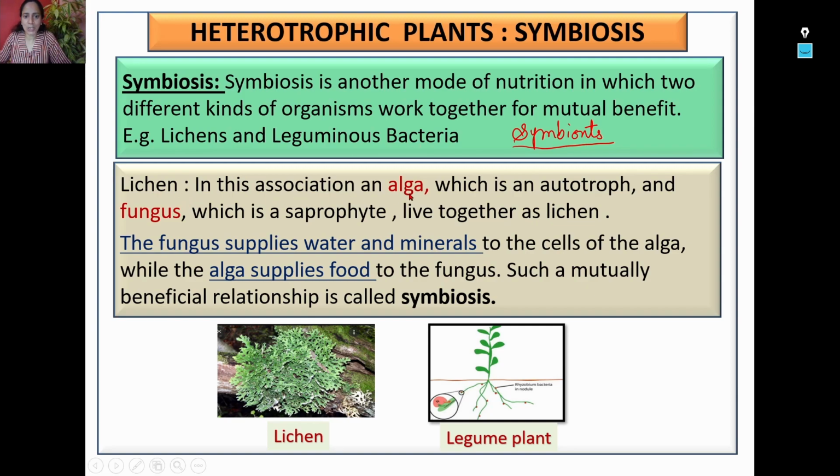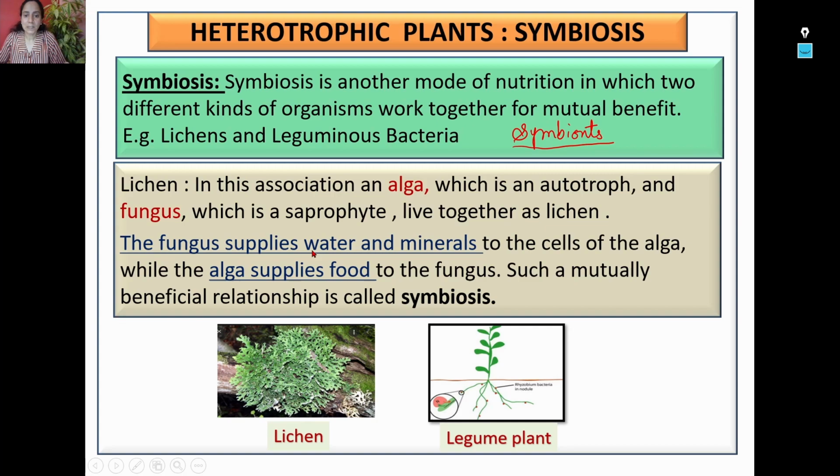Lichen, this association, has an alga, which is an autotroph which can make its food because alga is green in color, and one fungus which is a saprophyte, which is non-green, which cannot synthesize its food. They live together as one organism called lichen. So how do they help each other?